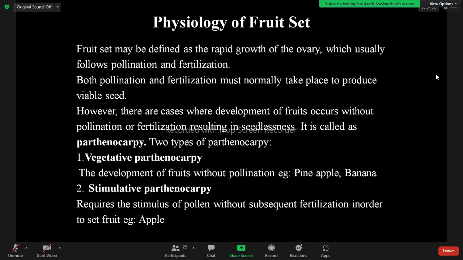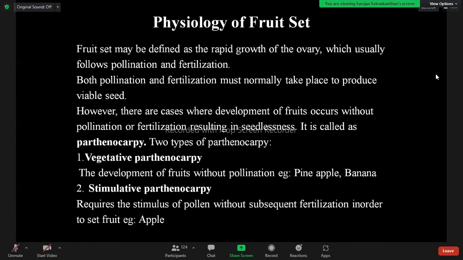However, there are cases where development of fruits occurs without pollination and fertilization, resulting in seedlessness. Normally, to produce viable seeds, pollination and fertilization are essential. But in some cases the fruits are developed without pollination and fertilization, so there are no seeds.